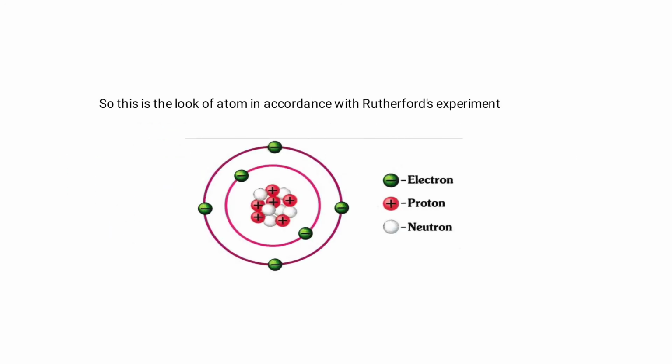This is the look of the atom in accordance with Rutherford's experiment, where the neutrons, protons, and electrons are shown, and the spherical shape of the atom was also shown. This is how we see the atom in today's life. His model of the atom is considered very much correct and is accepted worldwide.